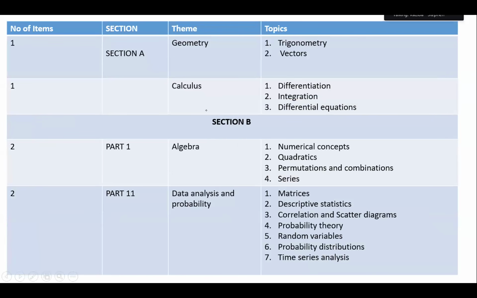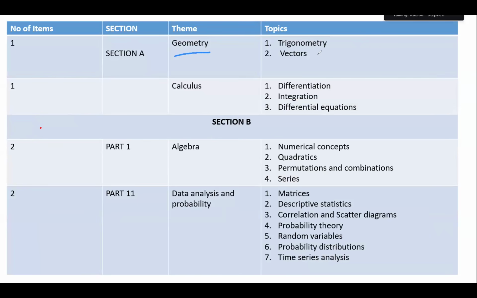Now, section A is going to have majorly 5 topics. But the first section is what we call geometry. And under geometry is where you learned vectors, is where you learned your trigonometry. That is the first.